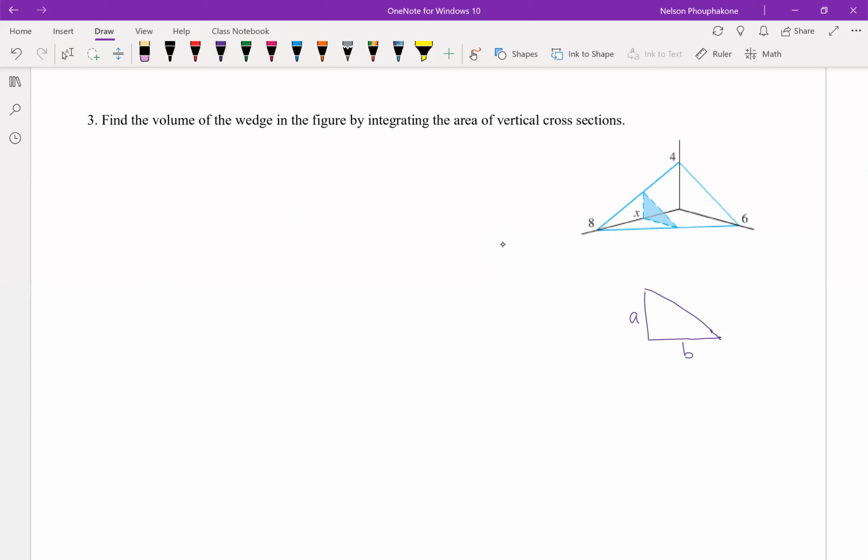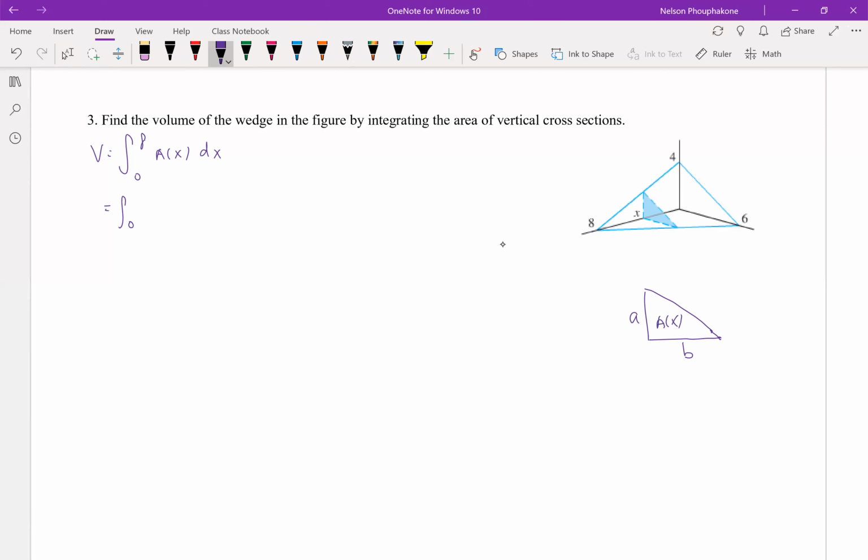And let's see how we actually set it up. Now remember, if this is the x value right here, then what we want to do is set up the volume as the integral between 0 and 8 of A(x) dx. And now, what is A(x)?